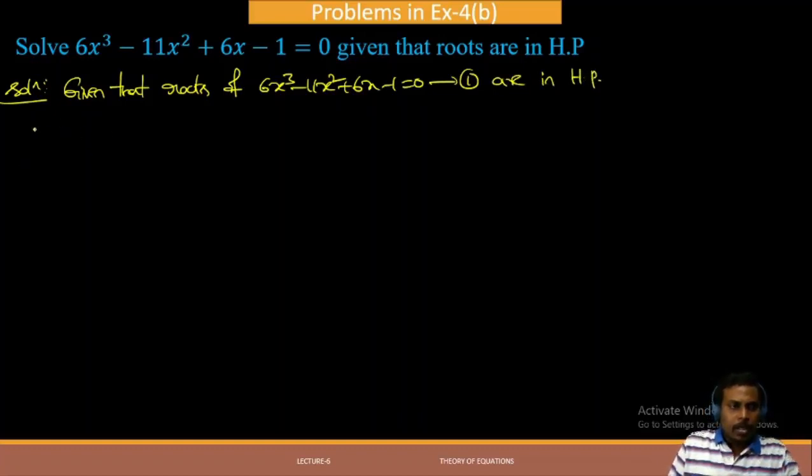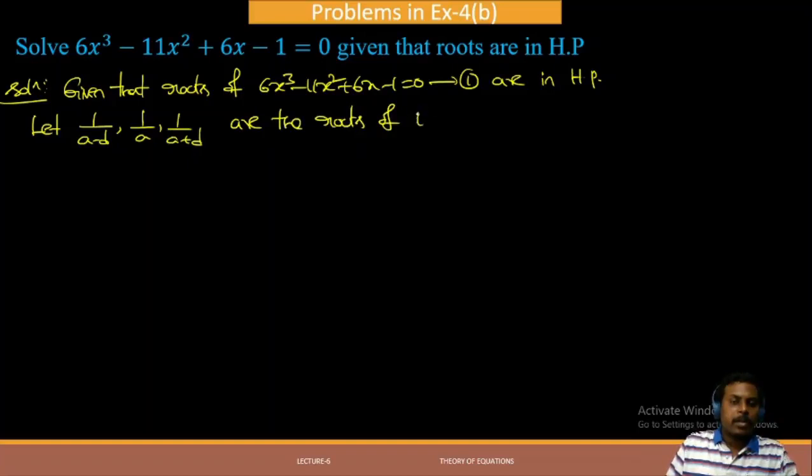Okay, now let 1 by a minus d comma 1 by a comma 1 by a plus d are the roots of the equation. Now let me consider this as alpha, let me consider this as beta, then we get what is s1 value.